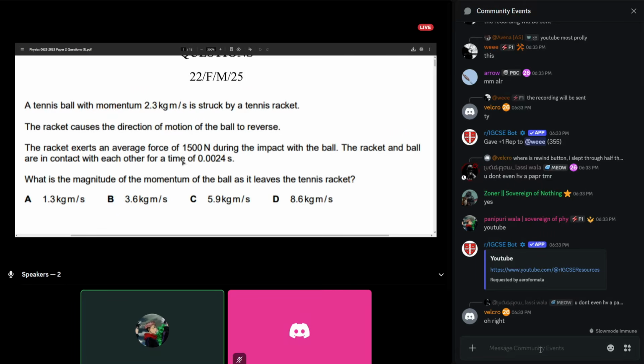That means we have a change in momentum, which is 3.6. Because it's moving in the opposite direction, it's 3.6 minus 2.3. The answer would be 1.3. A.